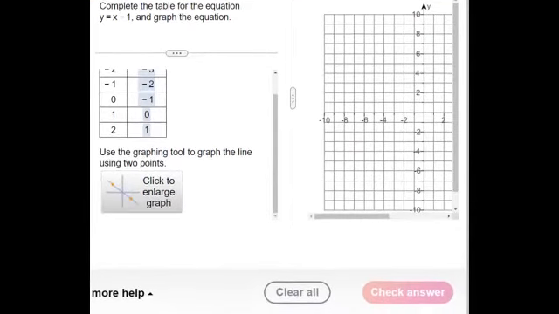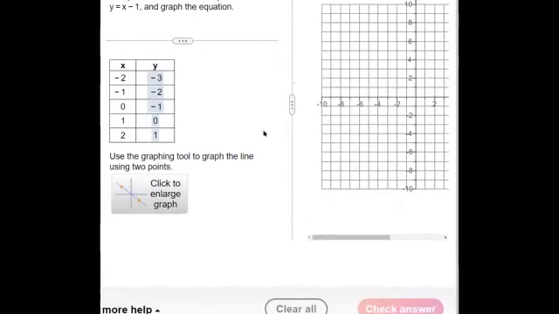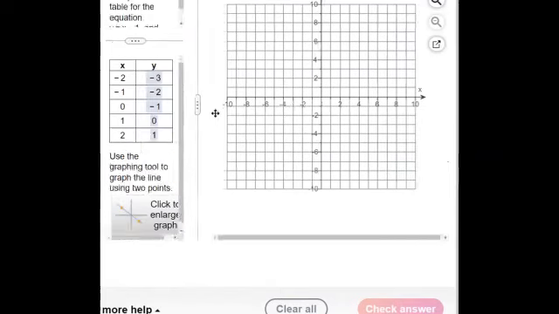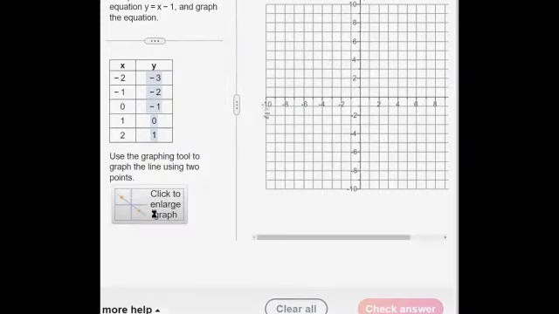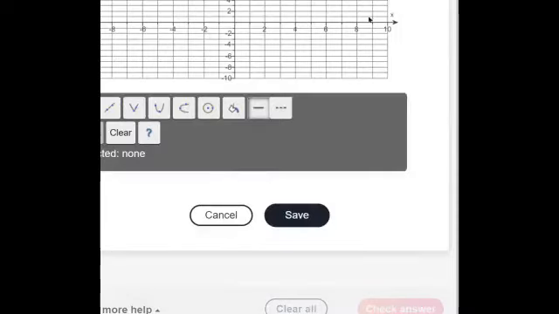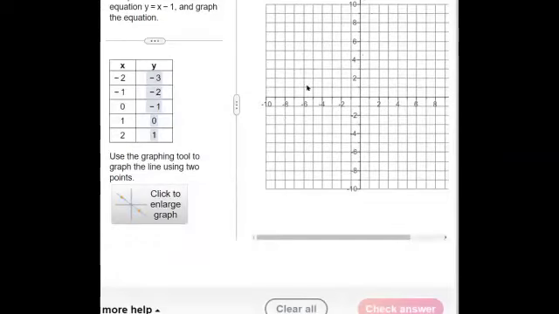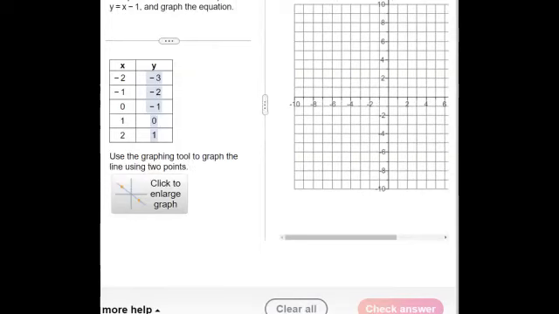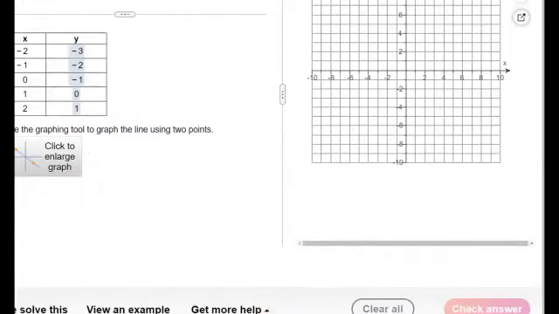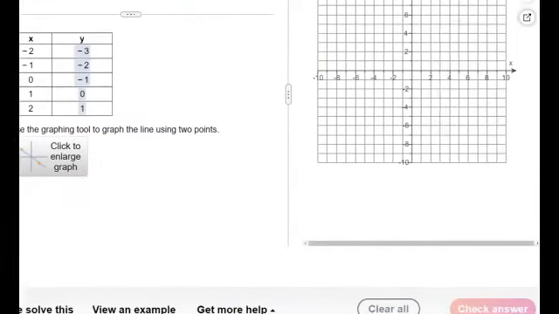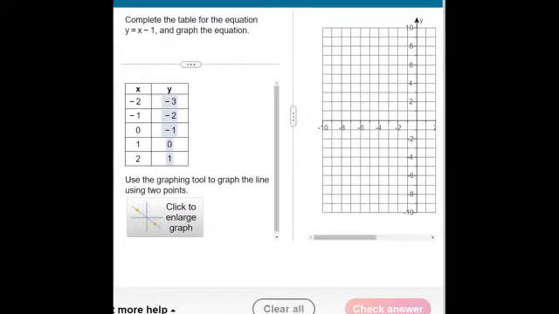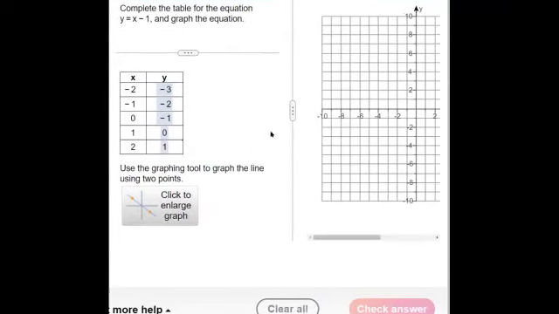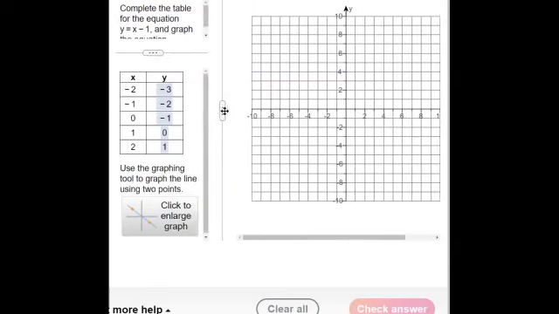Oh, I know what I have to do. I just need to click on the graph.